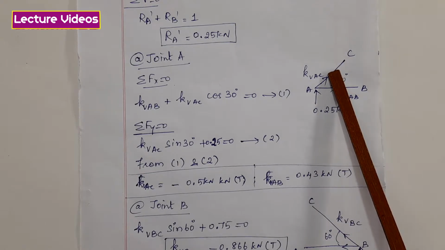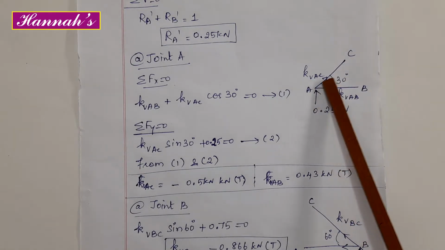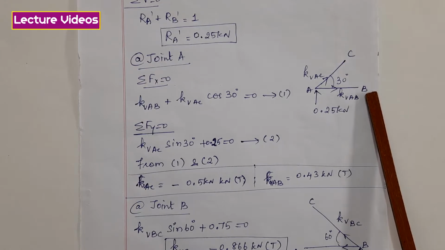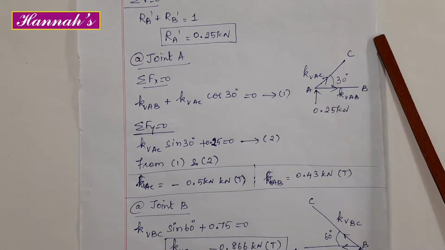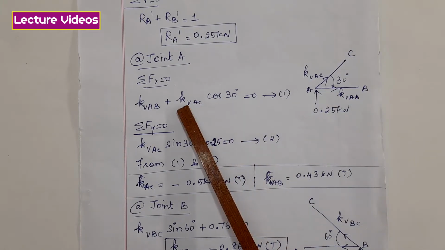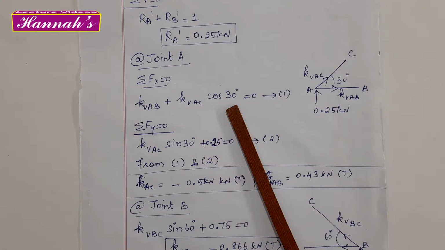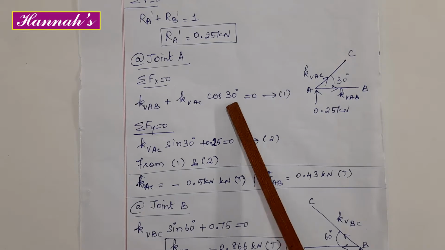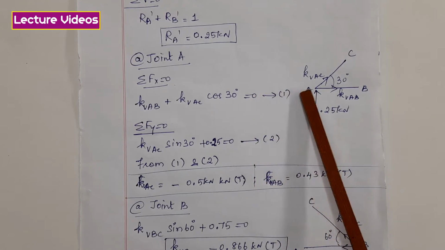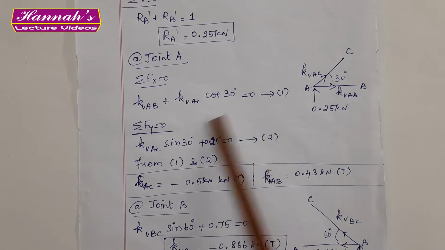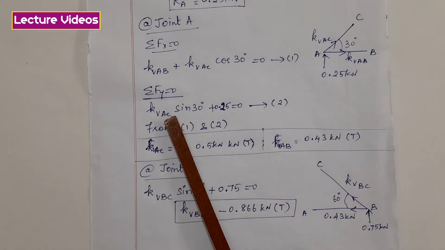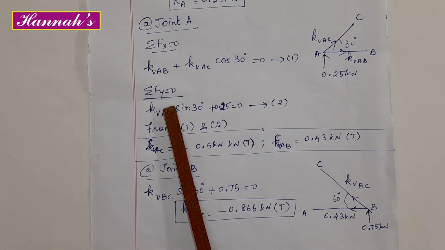Angle is measured from this horizontal. Resolving the member force in AC along the horizontal direction will be cos theta. So KVAC into cos theta will be the horizontal component of the force in the member AC. Since there is no horizontal load or reaction to be equated, the value is 0. Next, sigma Fy equal to 0 along the vertical direction.